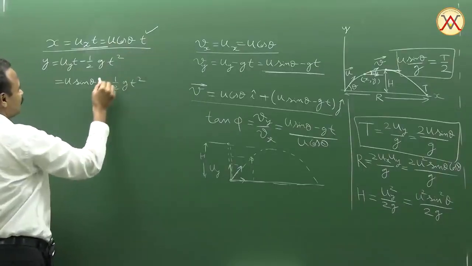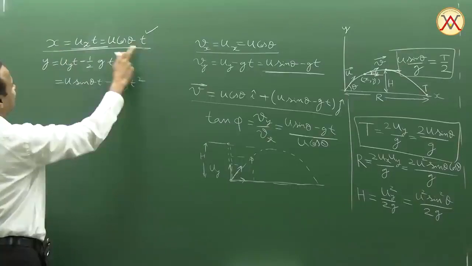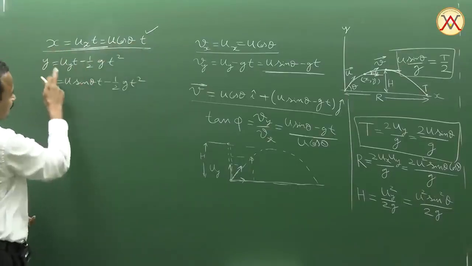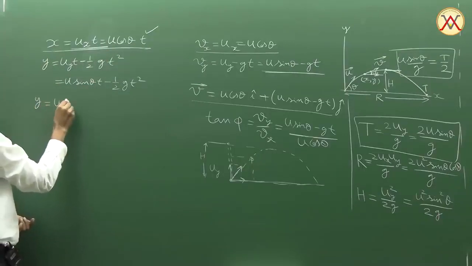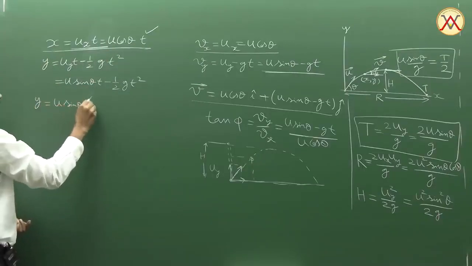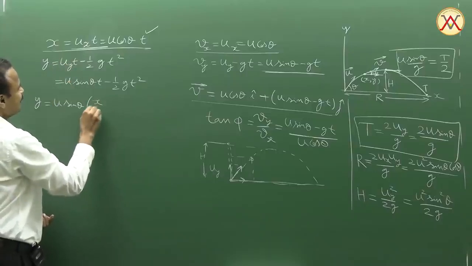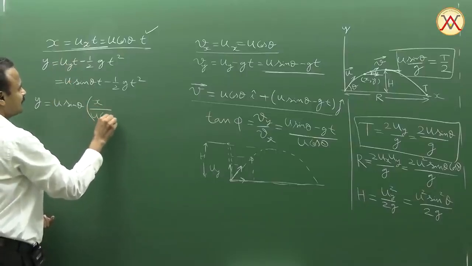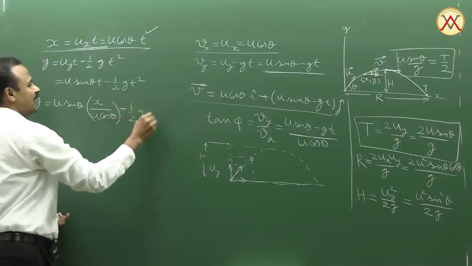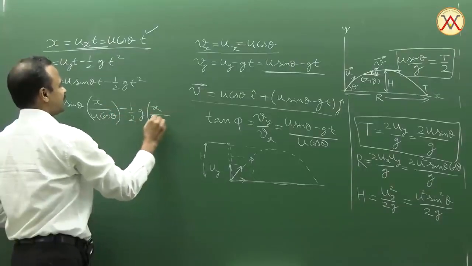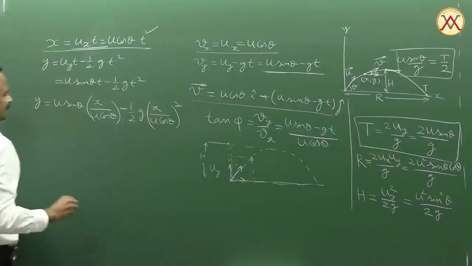I'm putting the value of t from this upper equation, which is very simple. I will get t as x divided by u cos theta, and I will put it here. So let's see what happens. This becomes u sin theta times t replaced by x upon u cos theta, minus half g, and again t is x upon u cos theta, squared.